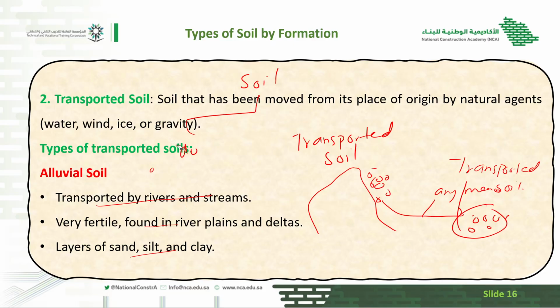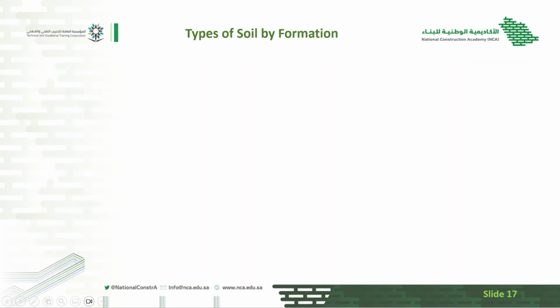Now there are other types. The first one is alluvial soil. What is alluvial soil? Alluvial soil means when the broken particles are moved by means of water, in rivers or streams, that type of soil is called alluvial soil. In simple terms, the disintegrated small particles transported by water are alluvial soil.